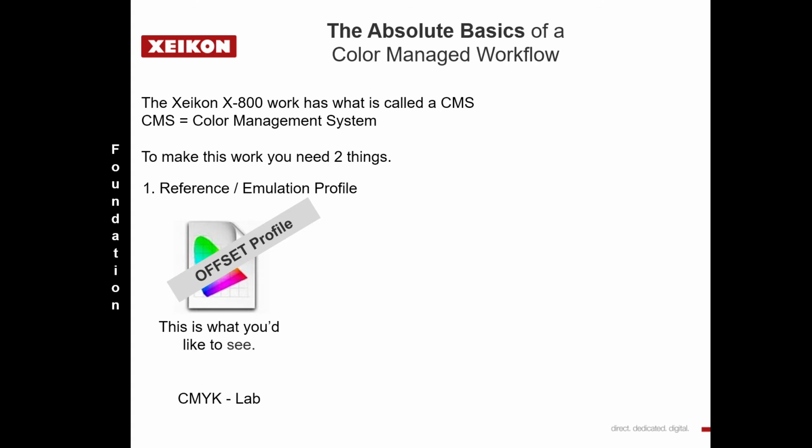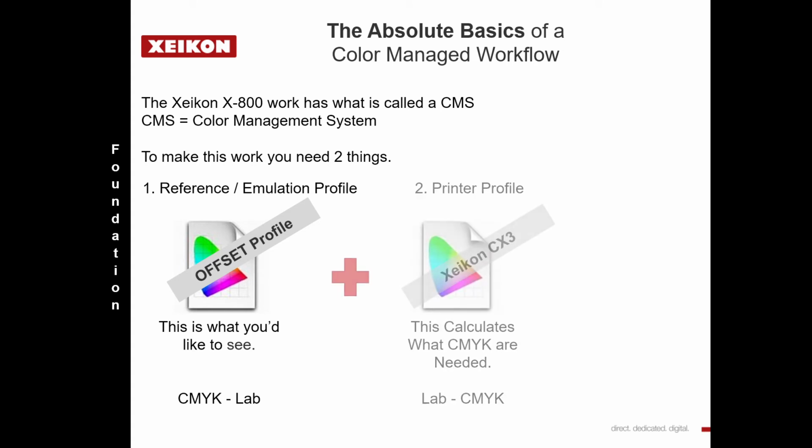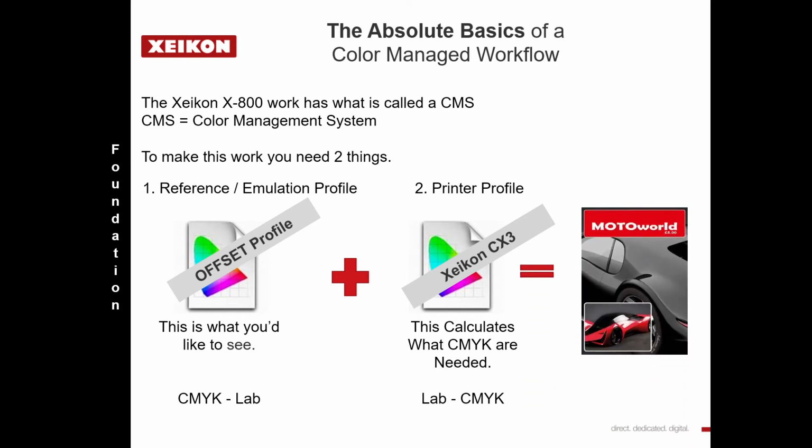If you like, this is our CMYK to color. On the back of that, we have our printer profile. This calculates how to make that color happen on our press. And if both of these things are in balance and are correct, we will get the correct result.